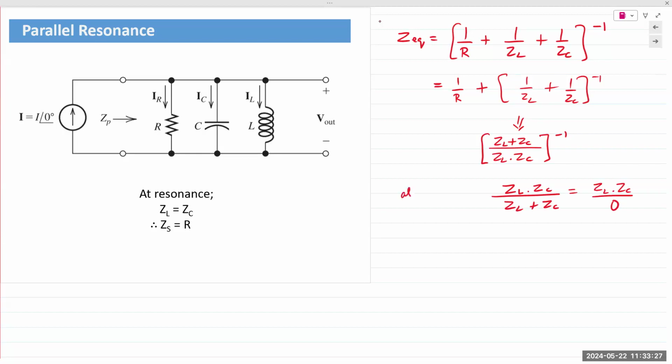So at resonant frequency, this ZL and ZC combination effectively has infinite impedance. Because it has infinite impedance, nothing goes down the inductor and capacitor combination. Everything goes through the resistor.